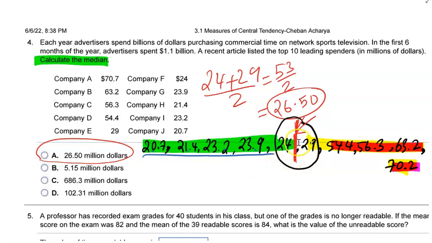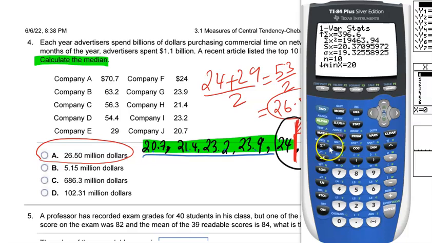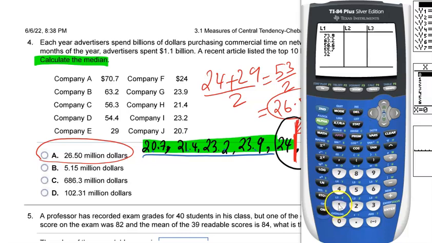Let me show you how to do this in the calculator. Like before, I'm going to put the data in the calculator. As you remember, I press stat, number 1, and I can put the data in L1 or L2, it doesn't matter. Since I already have data in L1, I want to erase all the data in L1.